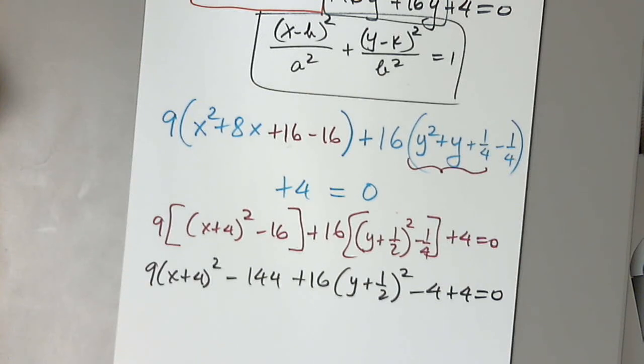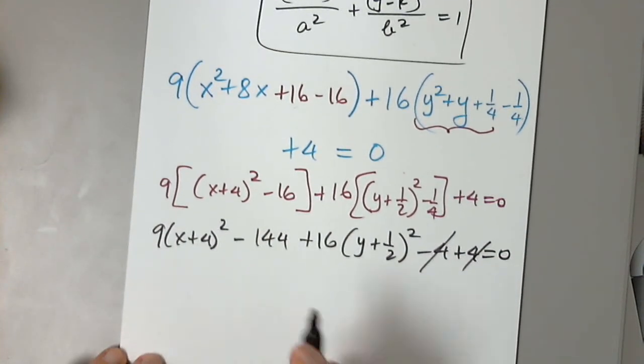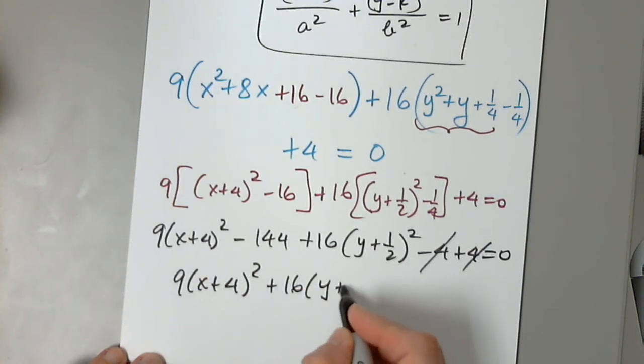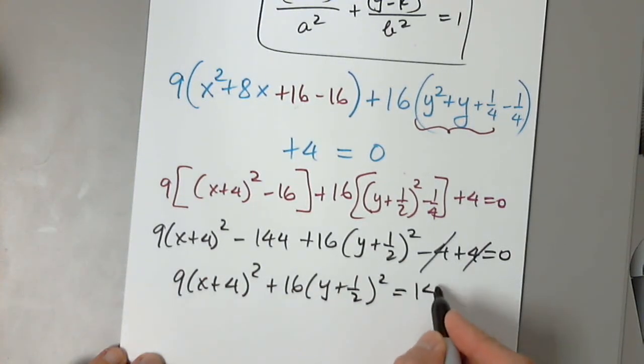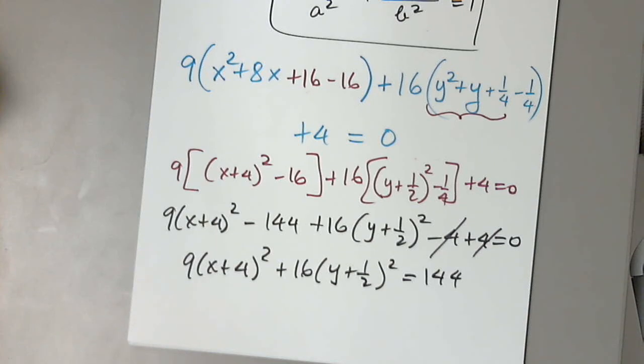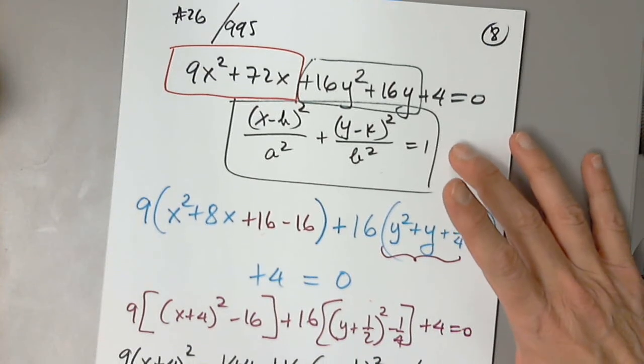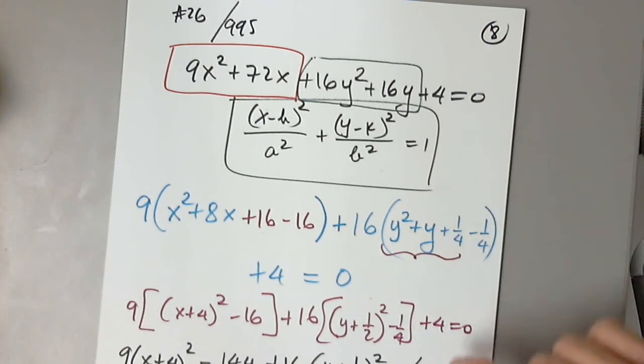Forget about the numbers and the calculations. Do we understand this step? Yes? Okay, perfect. So these two go away. Now I have 9 x plus 4 squared plus 16 y plus 1/2 squared, of course, equals 144. I am getting close. Compare these two and tell me what I need to do next. For sure.